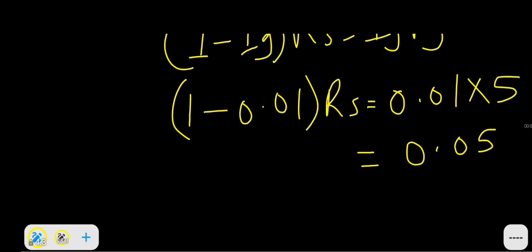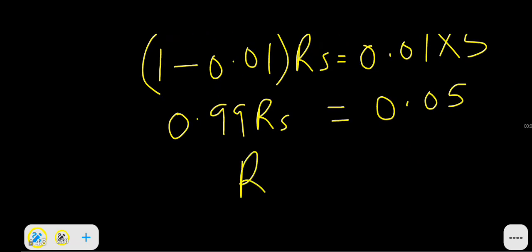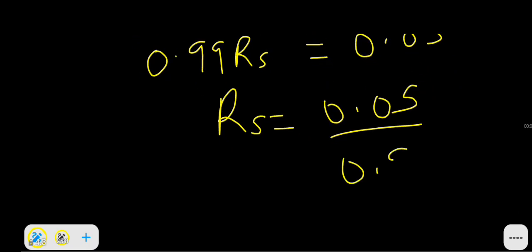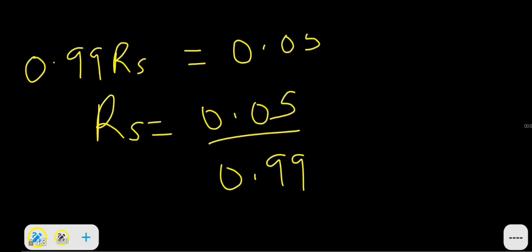Then 1 minus 0.01, you will get 0.99 RS. So RS on the variable side will be 0.05 divided by 0.99. This is the same thing as multiplying the top and the bottom by 100, which is 5/99.